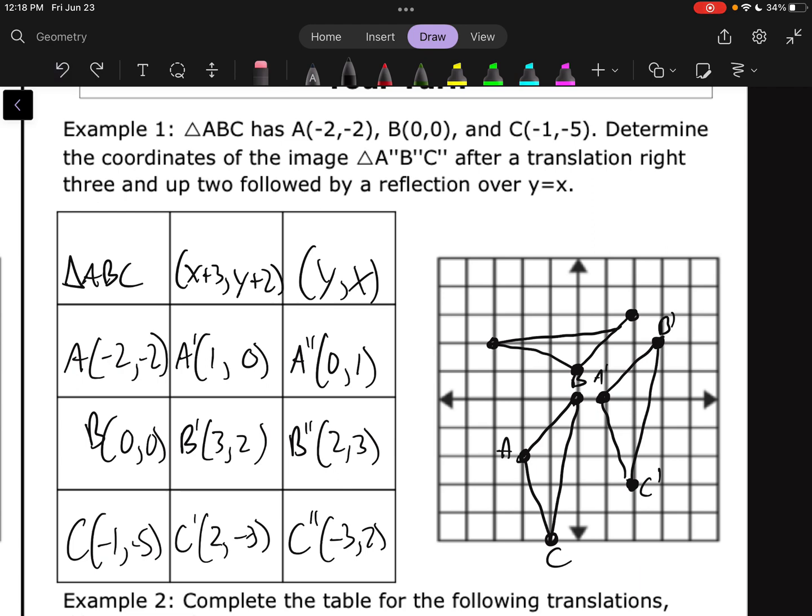Which, if I can draw my lines good, should look pretty good. There's B double prime, there's C double prime. All right. So it should have ended up looking like that.